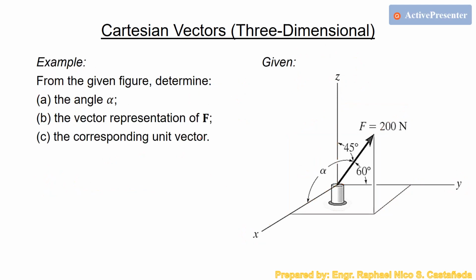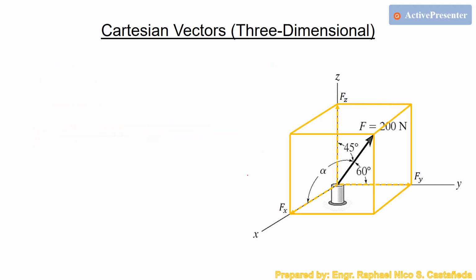Then finally, the unit vector, which is lambda. So the unit vector lambda has a very simple formula. Remember that a vector equals A times lambda.